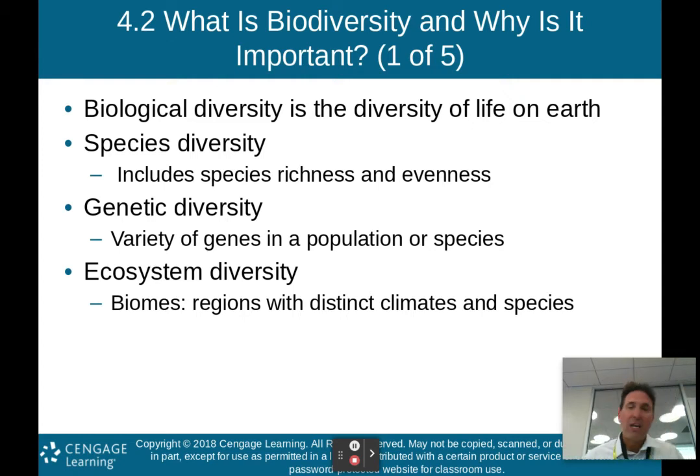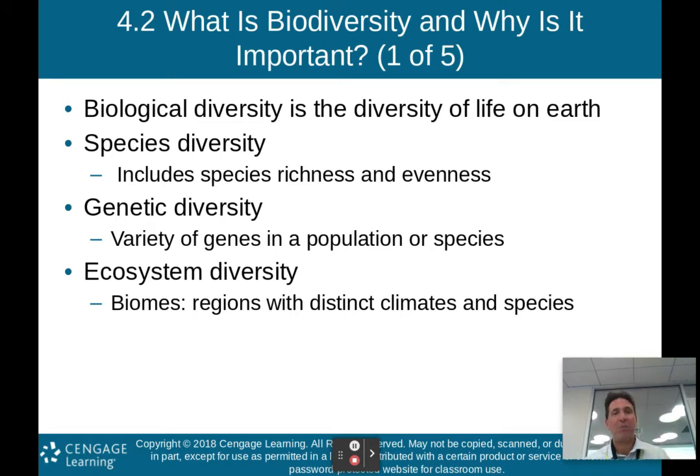Evenness is comparing the population of those individual species in that ecosystem. So for instance, if we have 13 wolves in an ecosystem and 20,000 rabbits, well then obviously that ecosystem is not very even, okay? If we had 12 wolves and 14 rabbits, then we would say that ecosystem is a bit more even, okay?